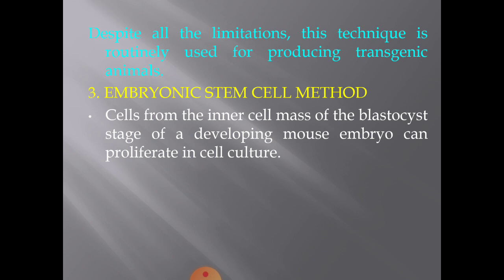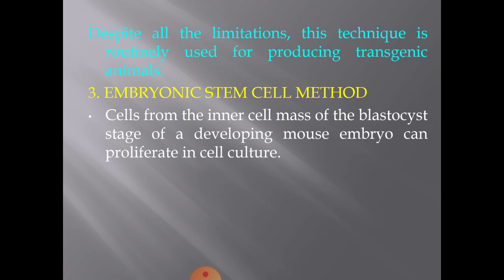Now, as a continuation, let us learn about the third method of producing transgenic mice, that is the embryonic stem cell method. What exactly is done in this method?